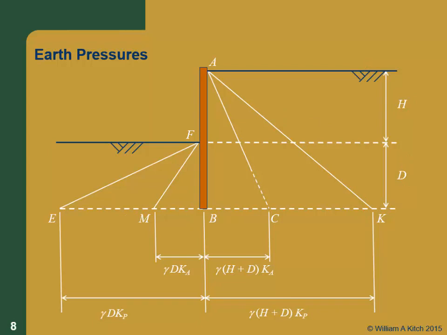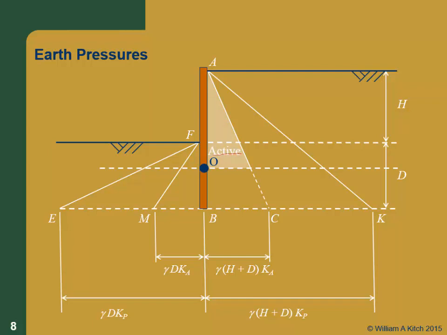So we have these envelopes, and then if we know where O is, we can actually draw the limit equilibrium earth pressures on each side of the wall. So above O, on the back side of the wall, we have active earth pressure, right?